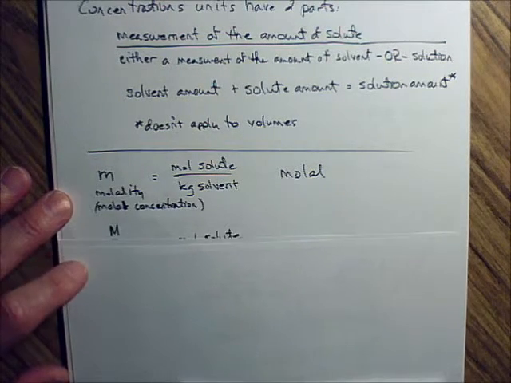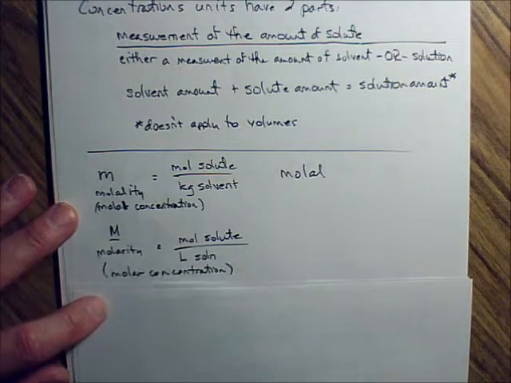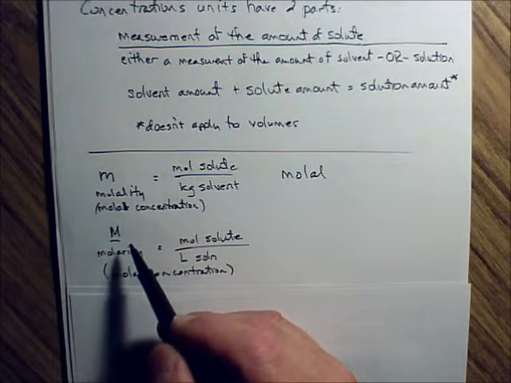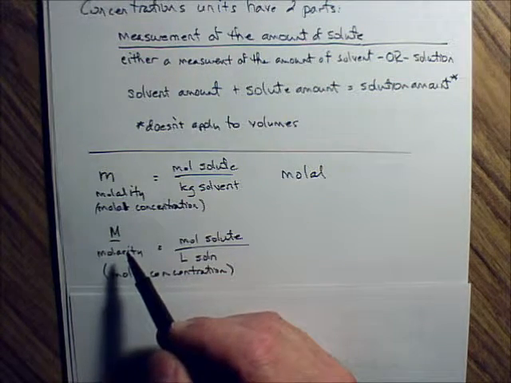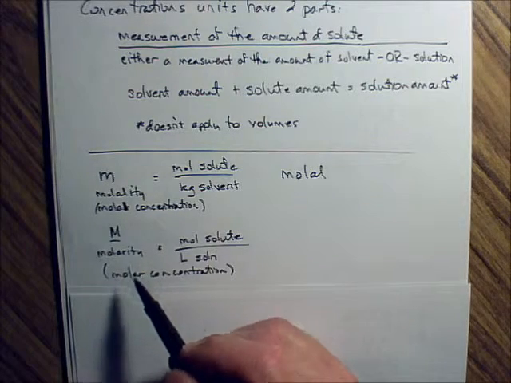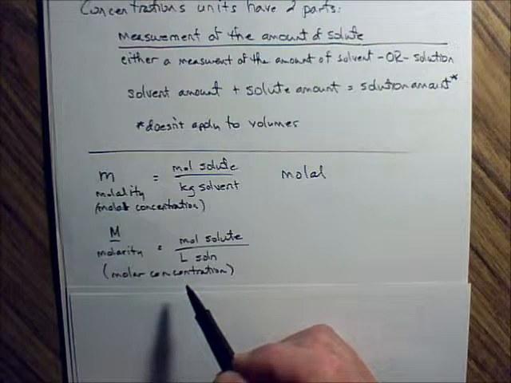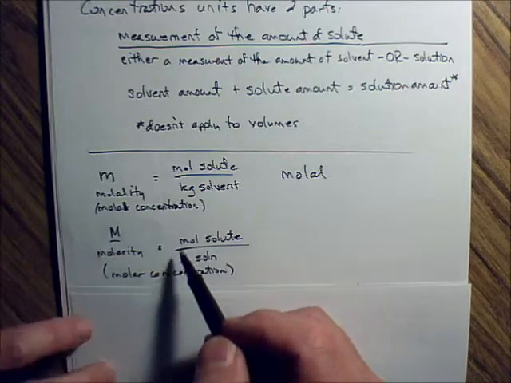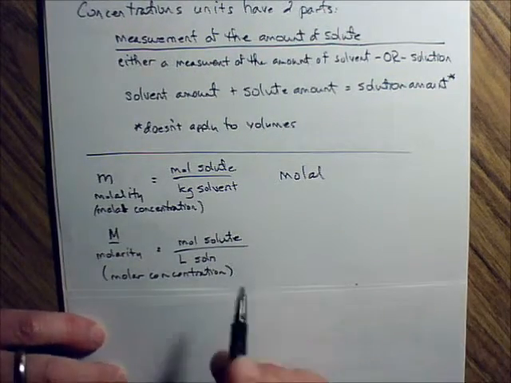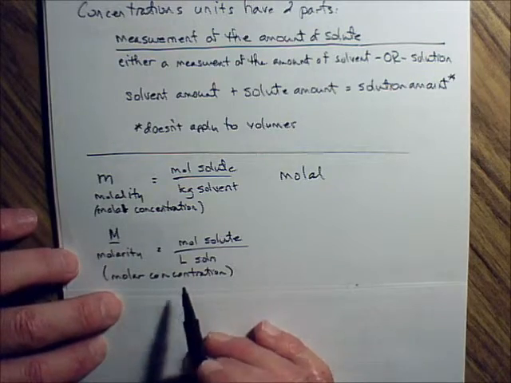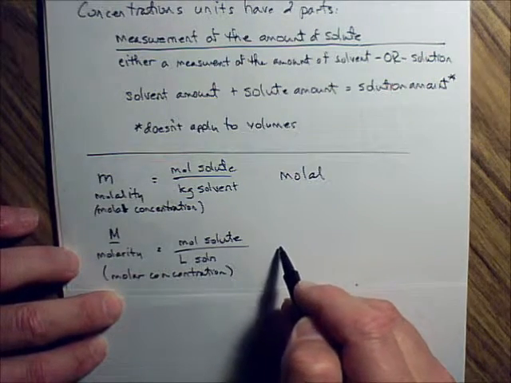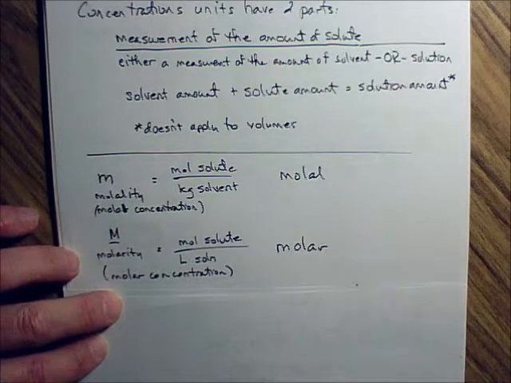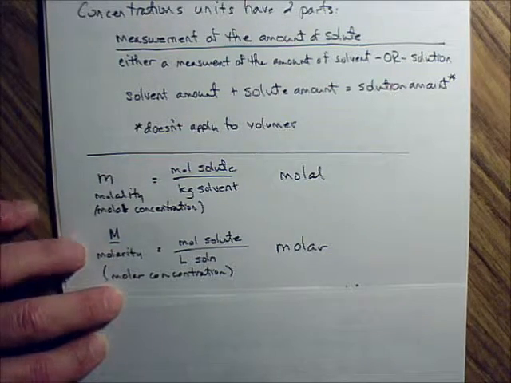Okay, the next one is molarity. Please remember, molarity is a capital M with a line under it when we're writing it by hand. I'm reviewing. We did this on the Tuesday before Thanksgiving. And we use the term molar or molar concentration for molarity.